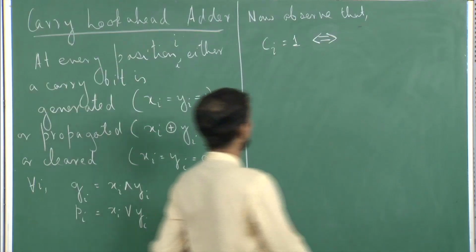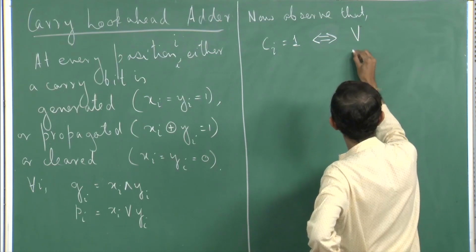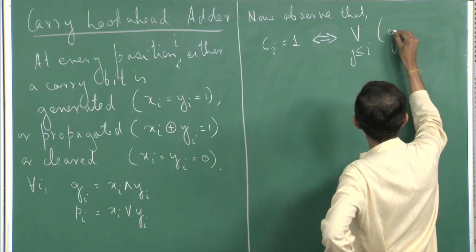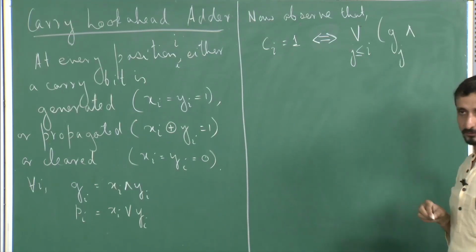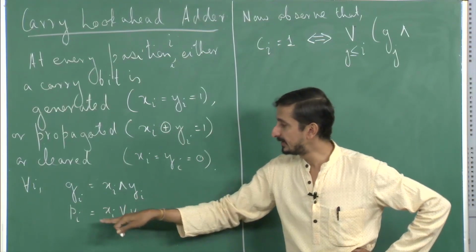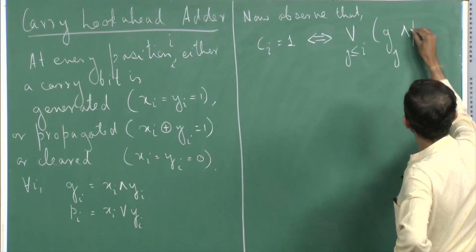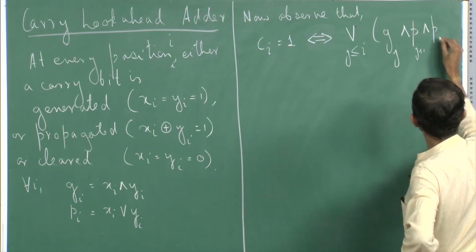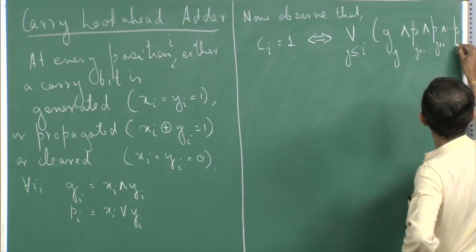So, that is the idea. If and only if there exists some j, j less than or equal to i, such that g j is true, and what else should be true? All the p k's before i must be true. So, after j I will have p j plus 1, p j plus 2 up to p i.